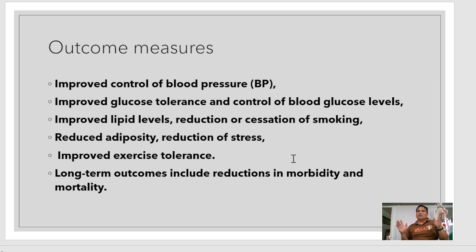So, the long-term outcome is what? Reductions of morbidity and mortality. So, when you say morbidity, did their problems increase? Let's take for example, if he was only hypertensive, has he become diabetic, his blood sugar is high. So, you understand, his morbidity is increasing, or the complications in his case.